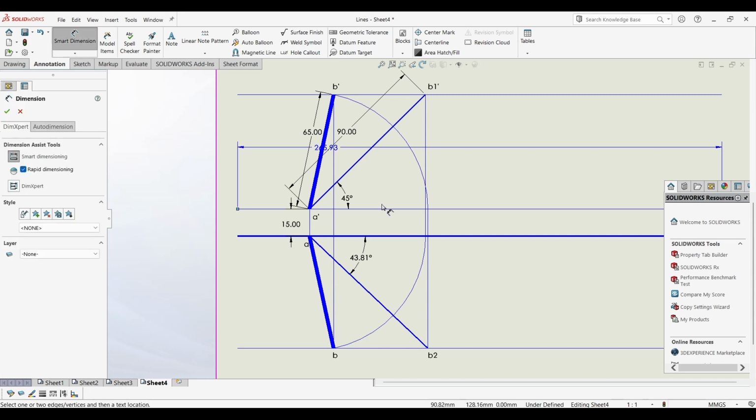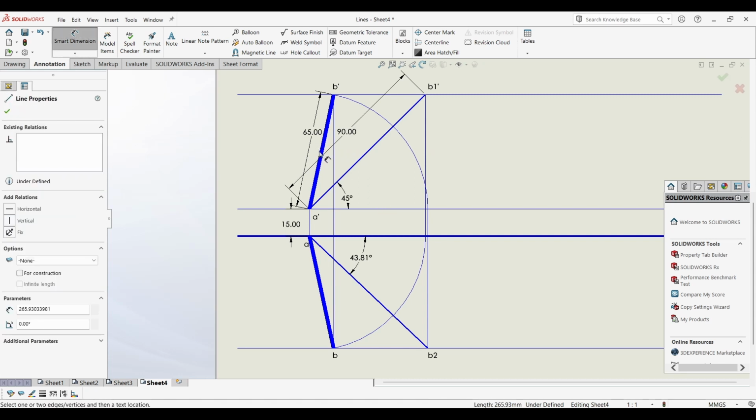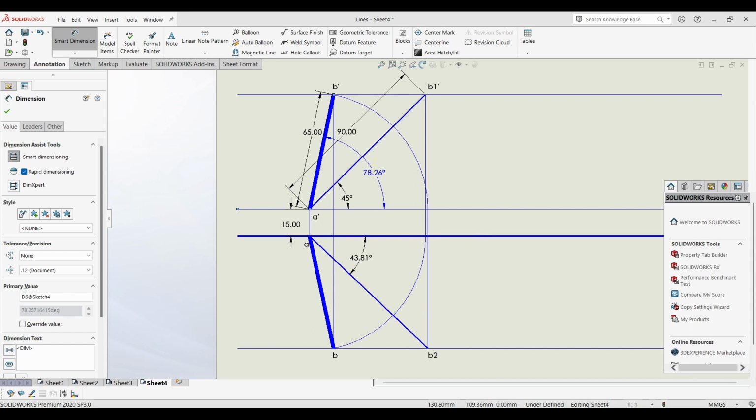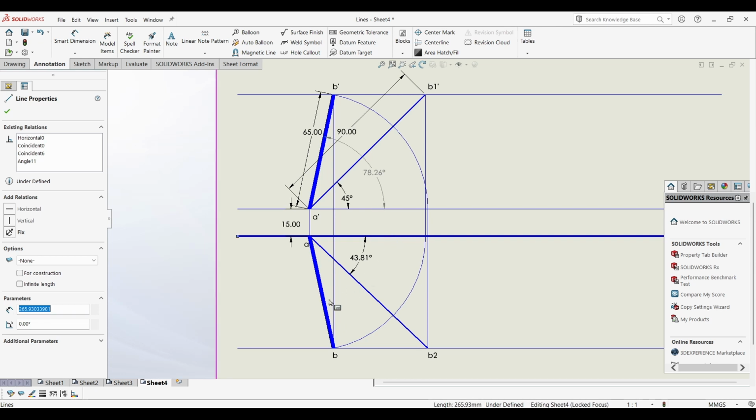Okay, after that, let me do the dimensioning for this one and this one.